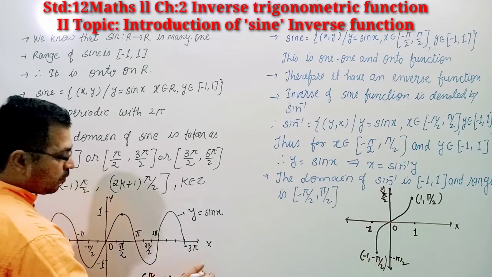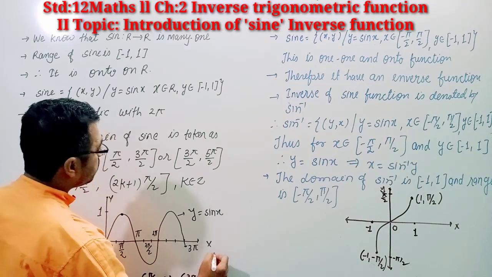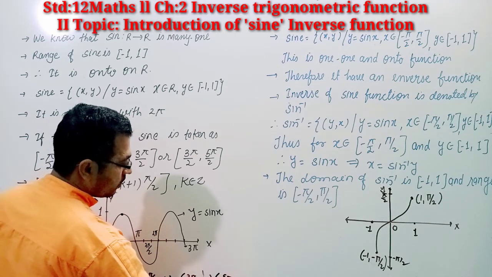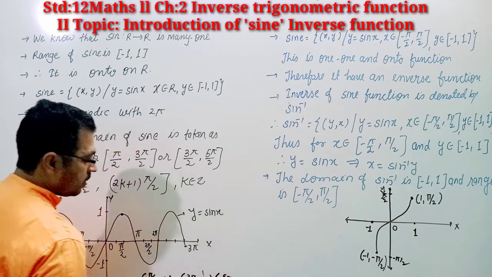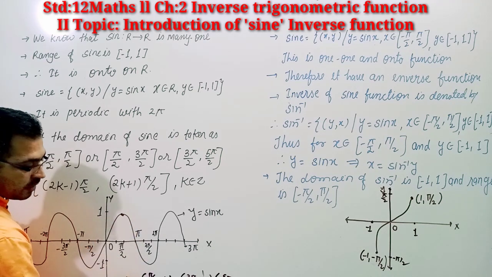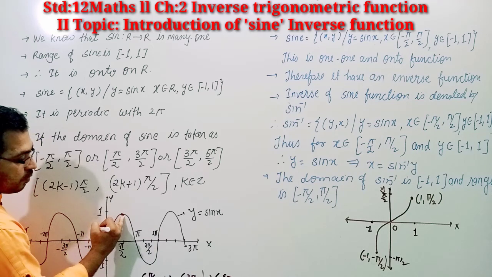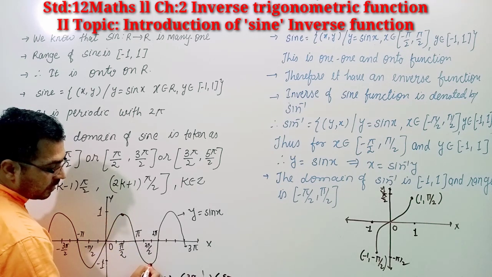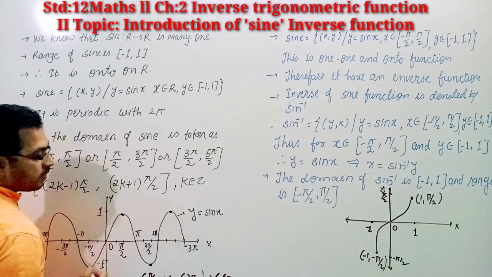Then if you put 5 pi by 2, again you get 1. So in this way, if you plot the point pi by 2, 1, the point will be over here. Then for 3 pi by 2, the point will be over here. Then for 5 pi by 2, the point will be over here.